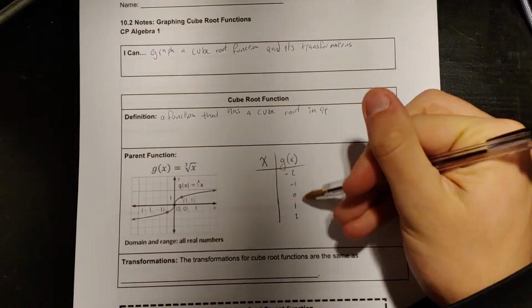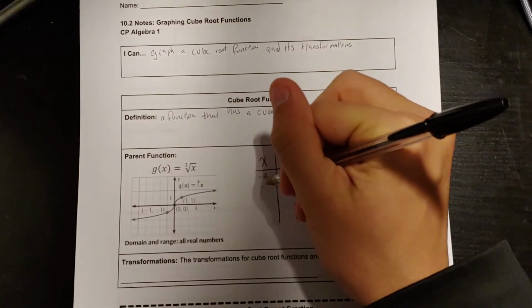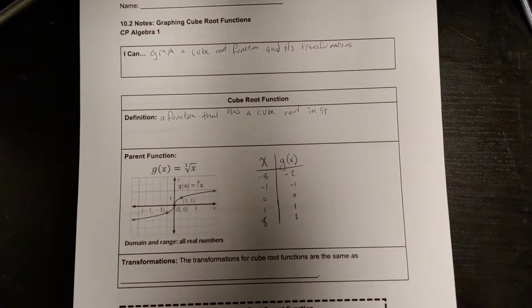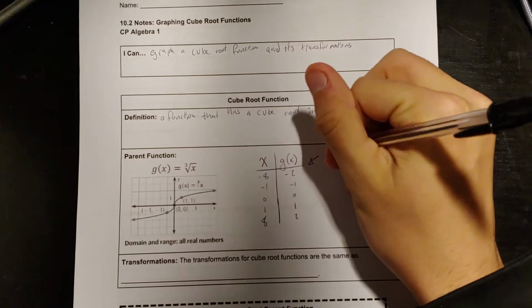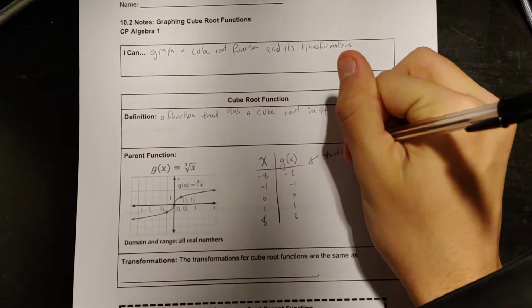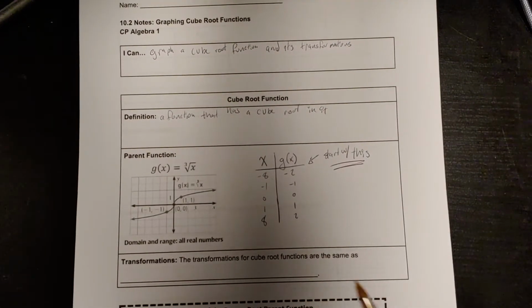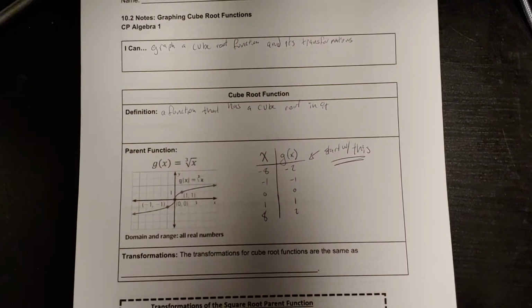And when you cube all of these numbers, that's how you find your x. So -8, -1, 0, 1, and 8. We always start with this. Domain and range for this are really nice because they're all real numbers.